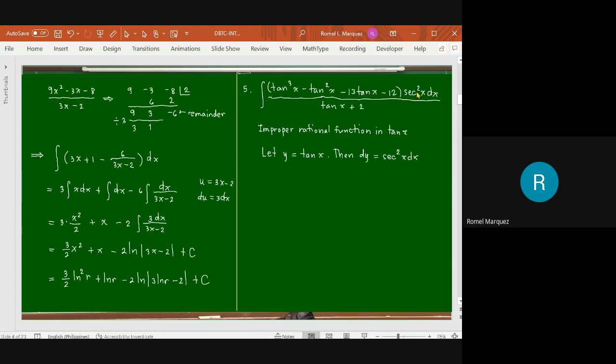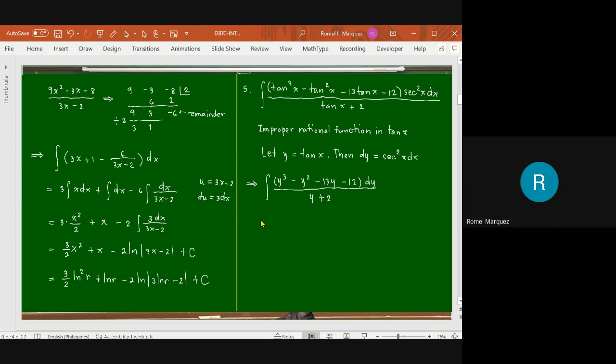So this is dy, that secant squared x dx. So the integral now becomes, in terms of y, y cubed minus y squared minus 13y, minus 12, quantity dy, all over y plus 2.